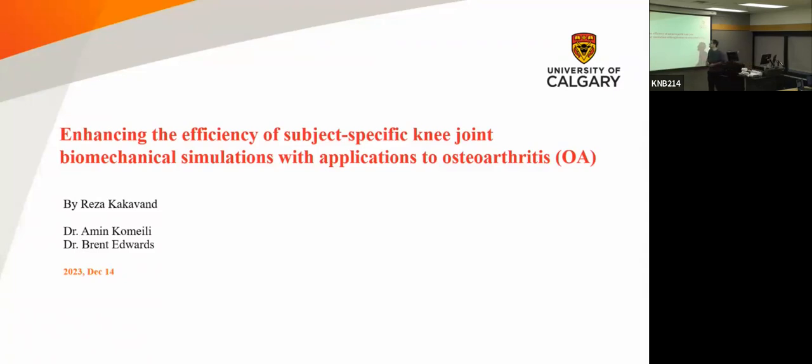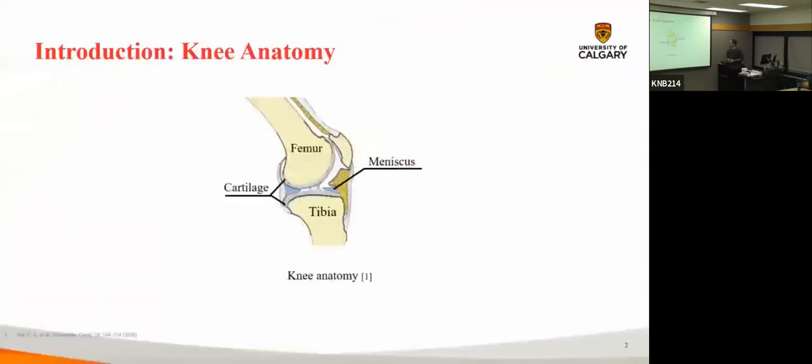So the topic is enhancing the efficiency of subject-specific knee joint biomechanical simulations with applications to osteoarthritis. The knee has two long bones, femur and tibia, with cartilages at the ends of the bone. There is this meniscus that acts as a cushion and stabilizes the motion of the knee.